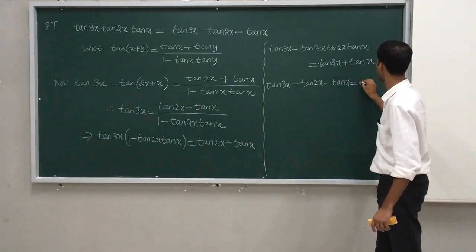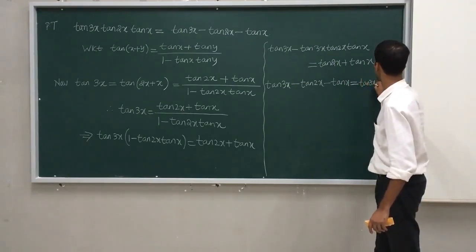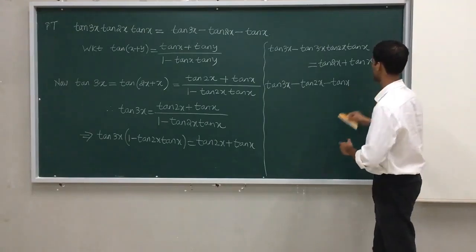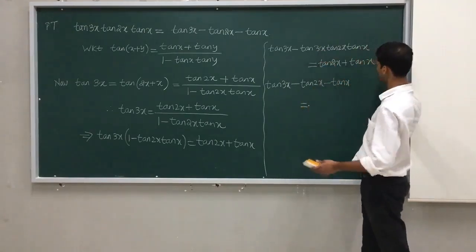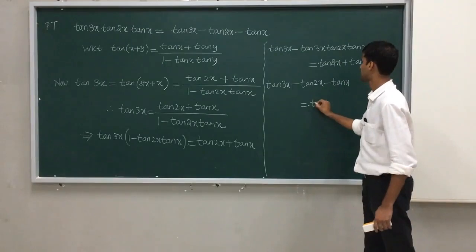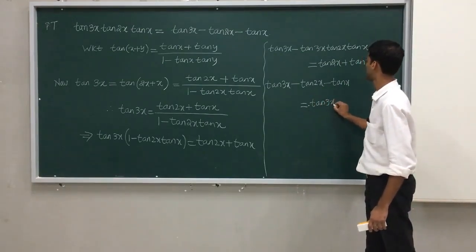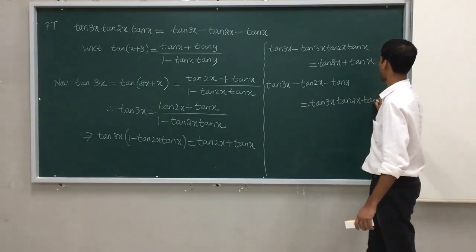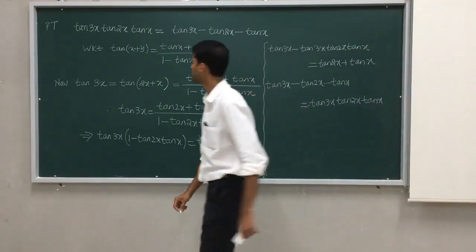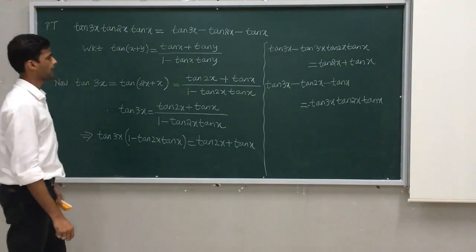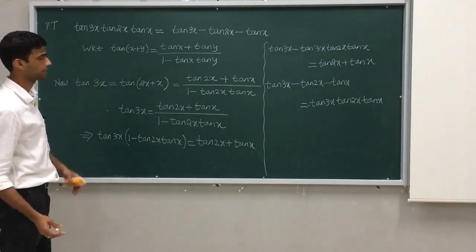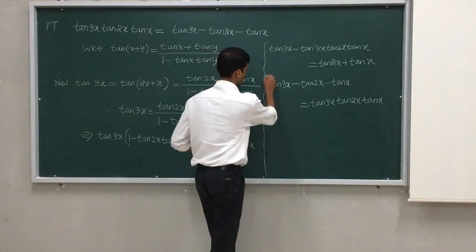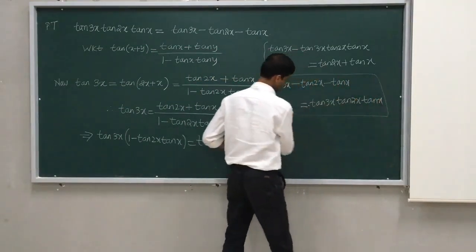So you will get tan 3x minus tan 2x minus tan x is equal to tan 3x tan 2x tan x, which is my expectation. Tan 3x tan 2x tan x, or they wrote tan 3x first, so both are the same. So on the other end I got my answer.